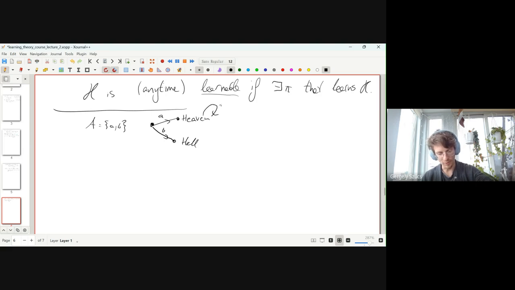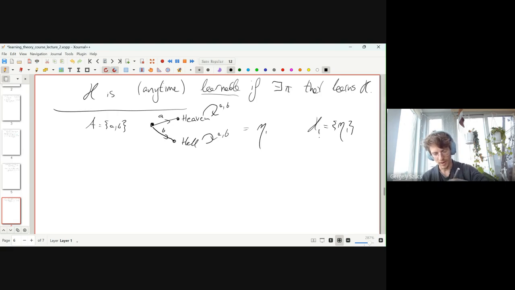Once you're there, whatever you do, you're stuck there. This is one environment, eta 1. This hypothesis class of just this one environment is learnable. Namely, you just take action A, and then take whatever else afterwards.